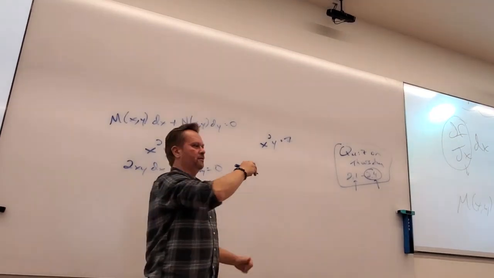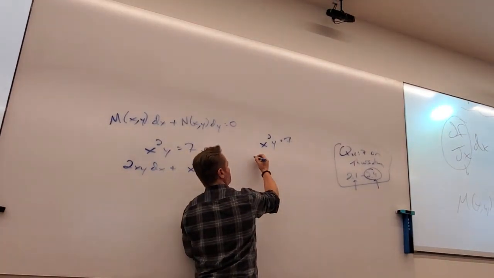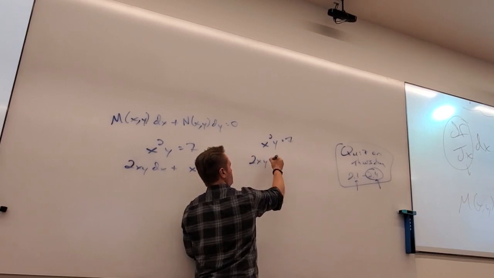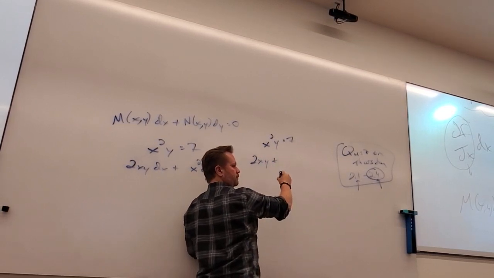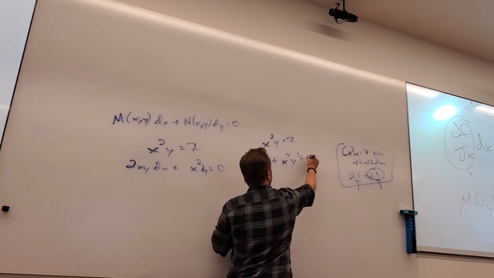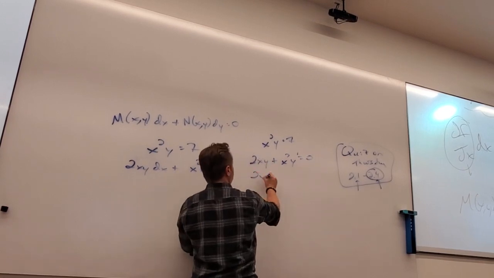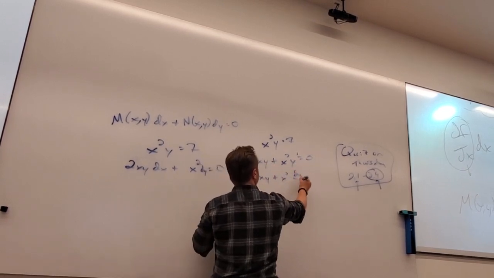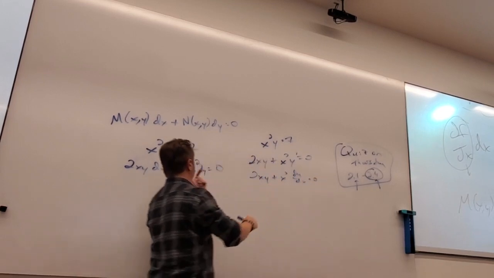Yes, it'll be 2xy plus x squared y prime equals 0, correct? And this is 2xy plus x squared dy dx equals 0. If I multiply by dx, I get there.